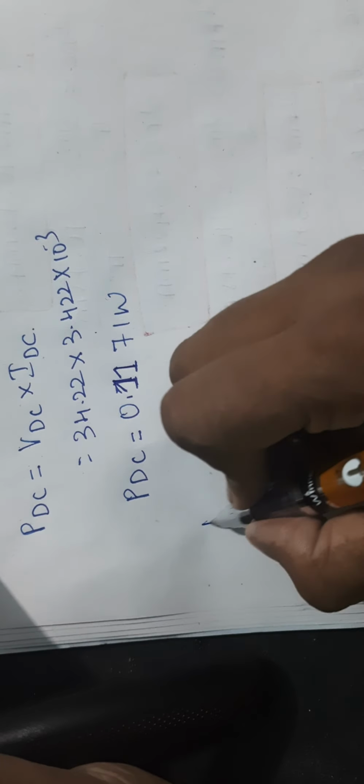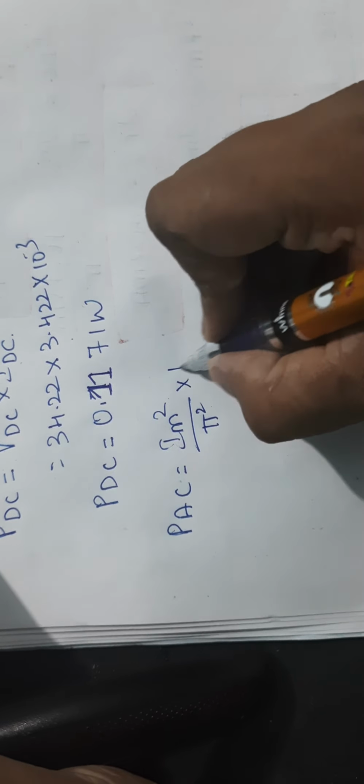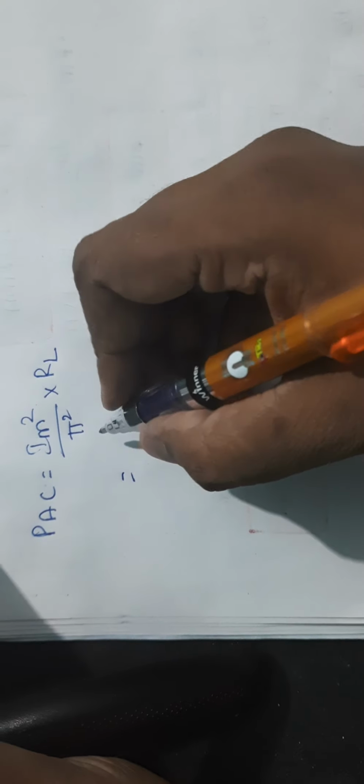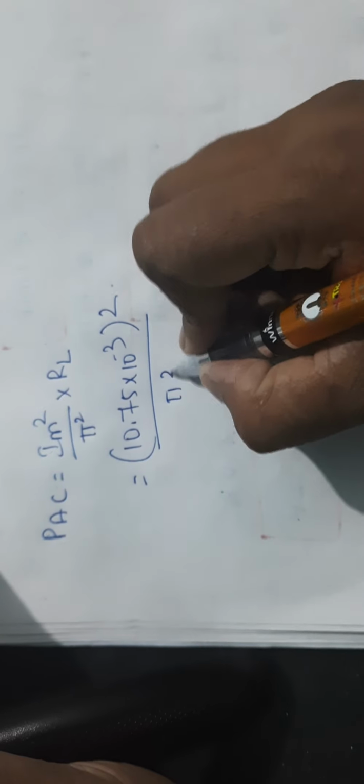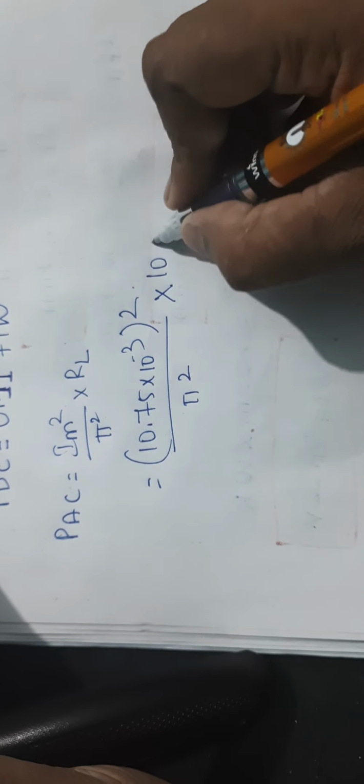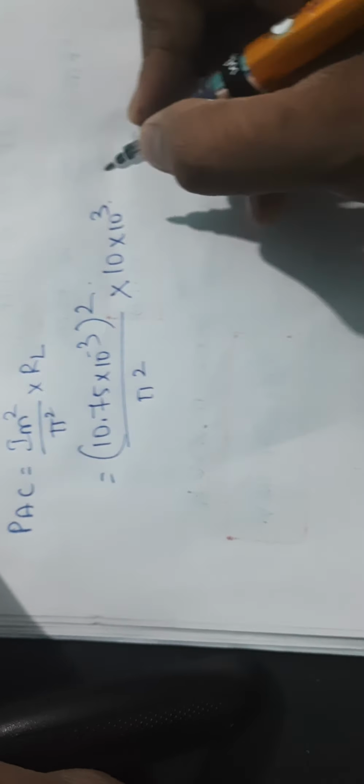Okay. Next I want PAC. The PAC formula is Im square by pi square into RL. Check whether you have the Im value. Yes. If so, substitute that Im value here. 10.75 into 10 to the power of minus 3 whole square divided by pi square into RL, which is 10 into 10 to the power of 3.